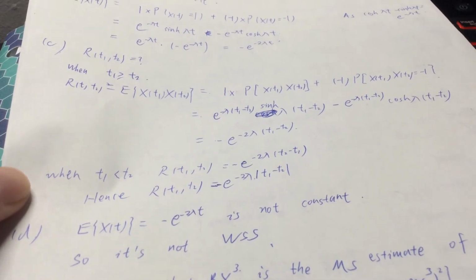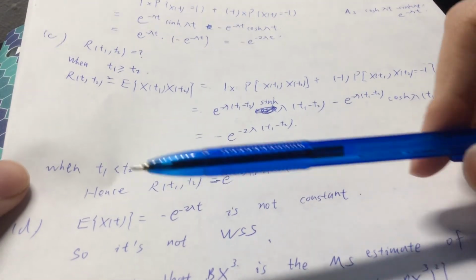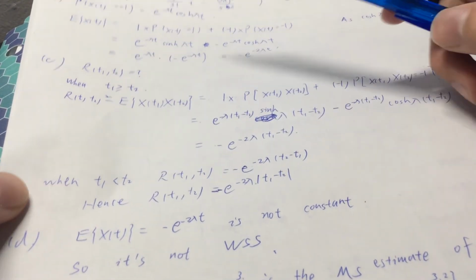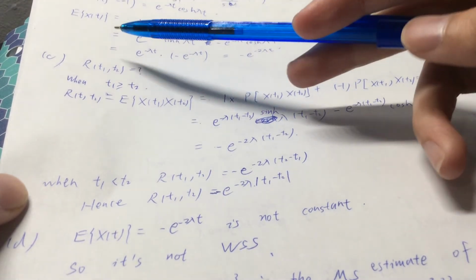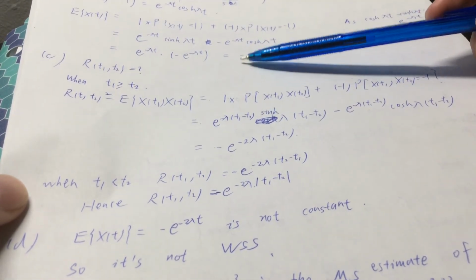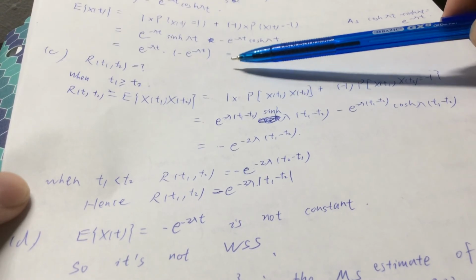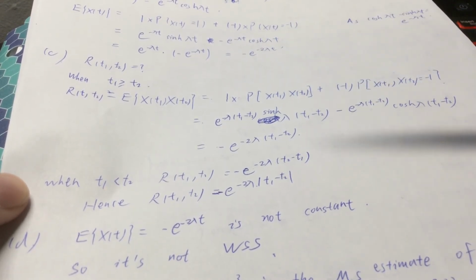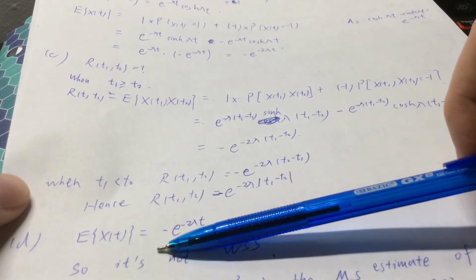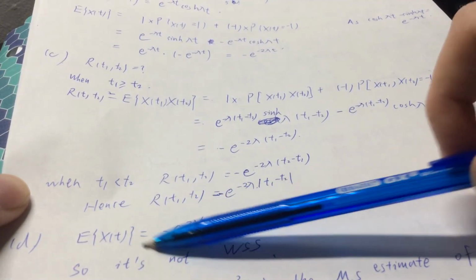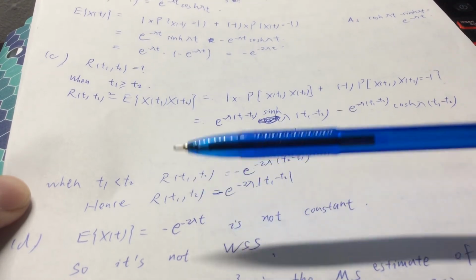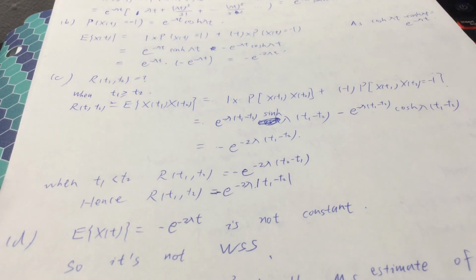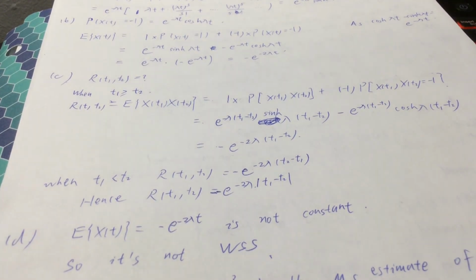In the second part, we have derived the expected value, which is equal to exponential to the power of minus 2 times lambda times t. It is not a constant, so we know that X(t) is not WSS. So this is the end of the second question.